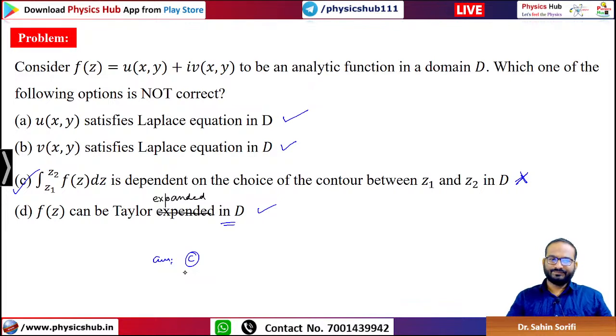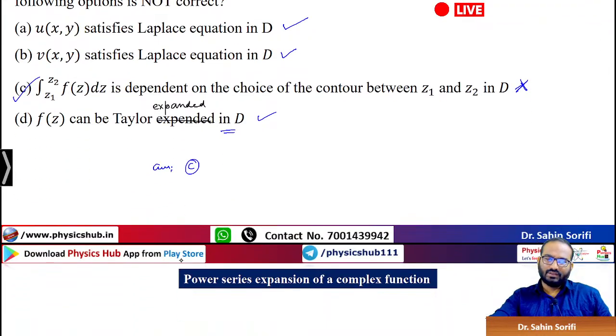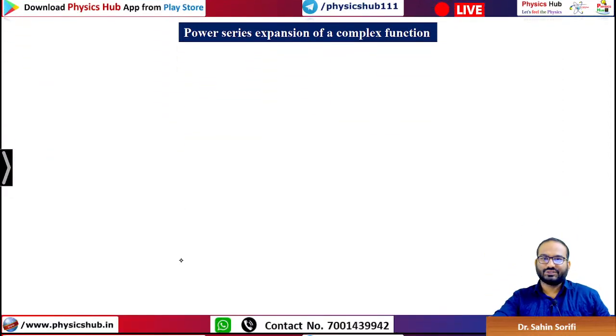Let's move on. Let's talk about power series expansion of a complex function. If you have a complex function, it can be expanded in a power series. We will be talking about Taylor series expansion, Laurent series expansion and all.